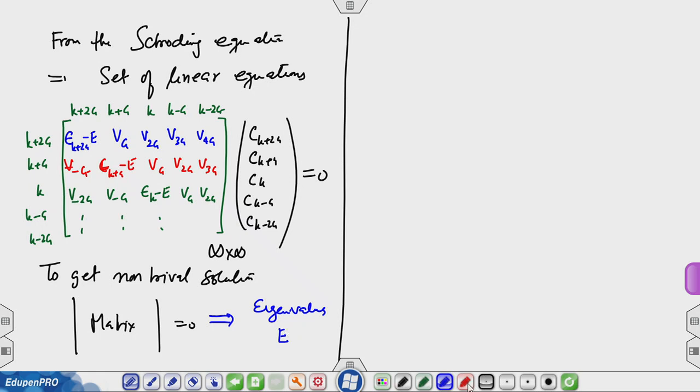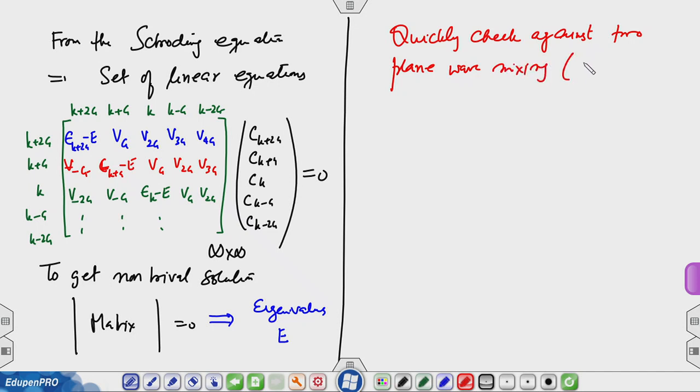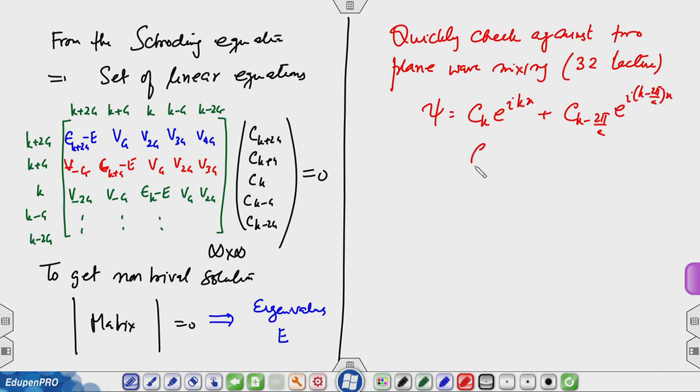So, let us just quickly check against the two plane wave mixing that I did in my last lecture, where I had taken psi to be C k e raised to i k x plus C of k minus 2 pi by a e raised to i (k minus 2 pi by a) x, g is 2 pi by a.